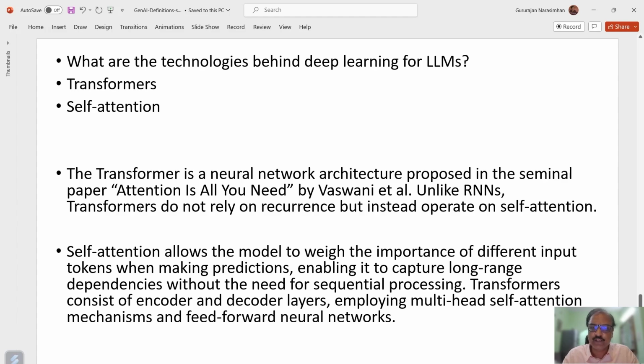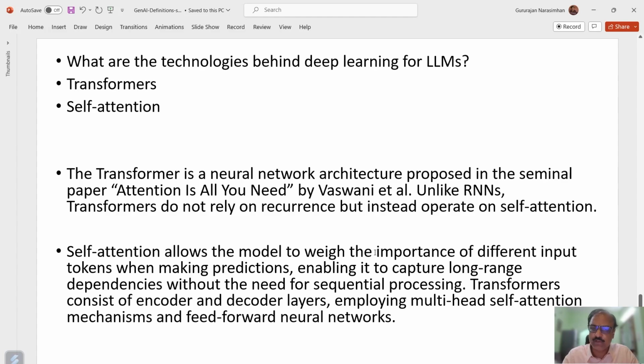It was a new technique that was invented to improve the performance of recurrent neural networks and to improve the performance of sequence models. So the transformer neural network architecture is the fundamental architecture that drives the modern day LLMs.